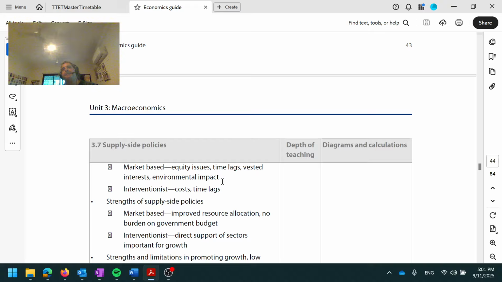Part A's good chance that they could be around some of the limitations of the measurements of the objectives. So the CPI limitations, the GDP, GNI limitations, the unemployment limitations. Yeah, that could be it.